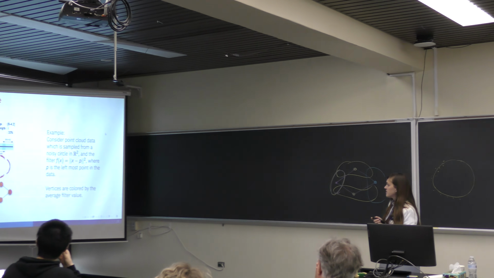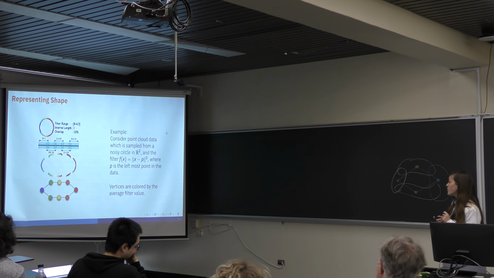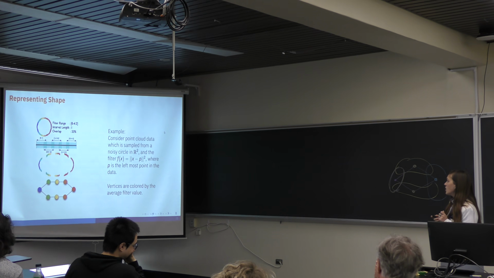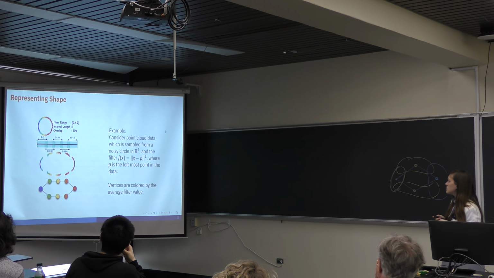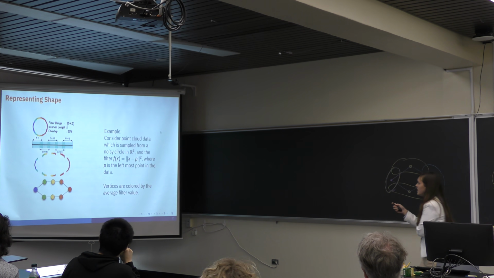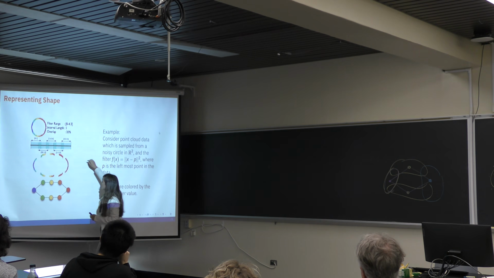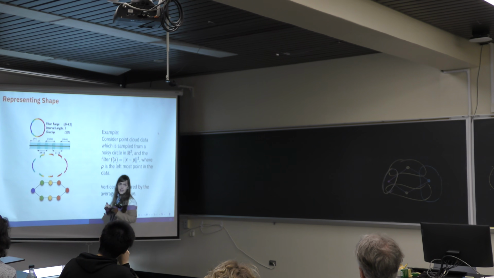Then we take the filter function to be the distance from the point to P, where P is the leftmost point in the data. So the space Z would be the real line, like I said.